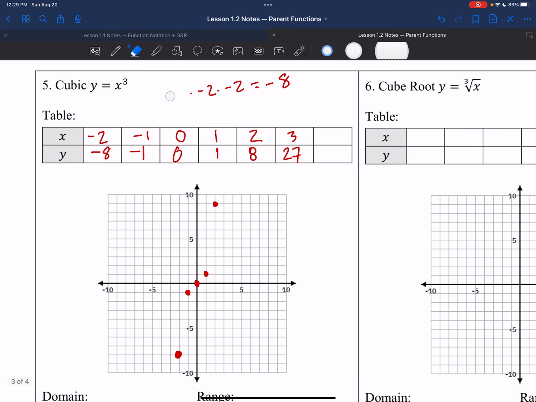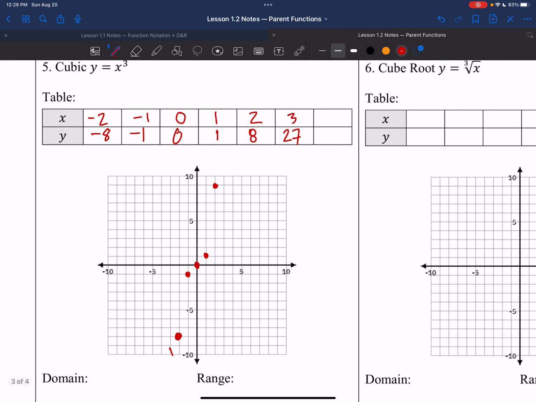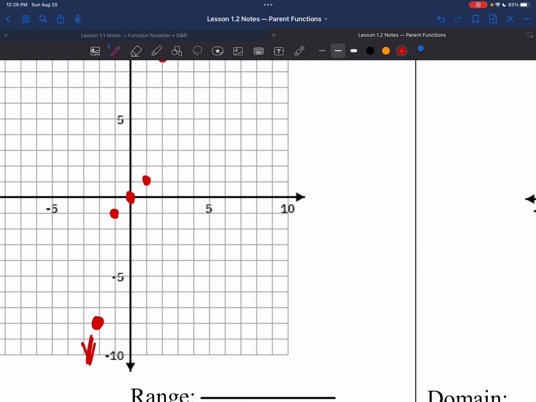And this is the cubic parent function. I'm going to try and draw as best I can. It's a lot easier for me to do this on paper and pencil than it is on an iPad with an Apple Pencil. I'm not very good at using the Apple Pencil.